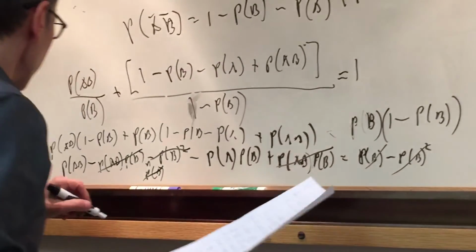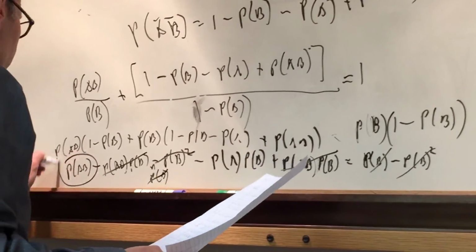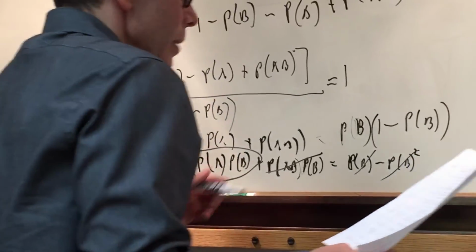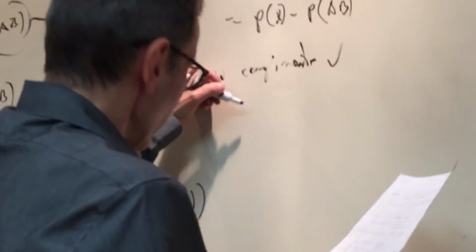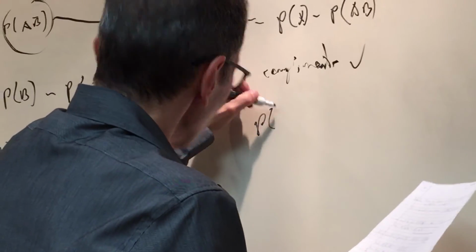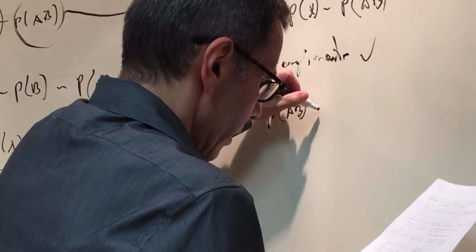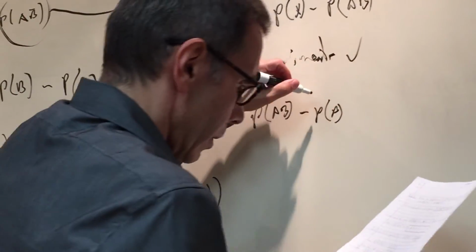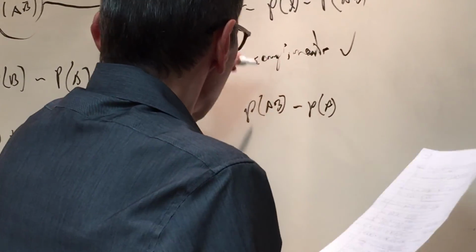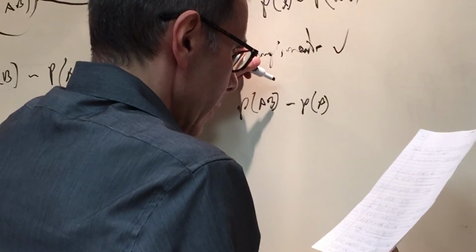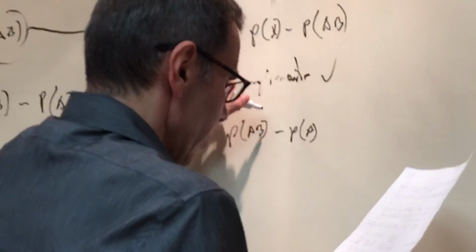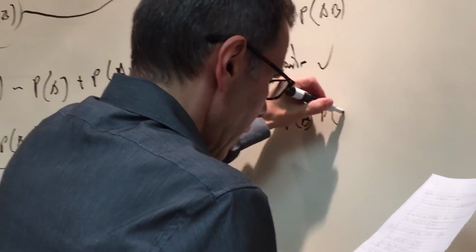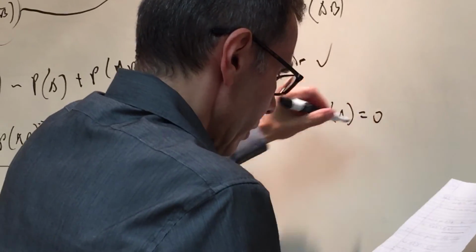So that cancels that, and what's left is this and this, and we're going to put them together and set them equal to 0. So we end up with probability of AB minus probability of B times probability of A equals 0.